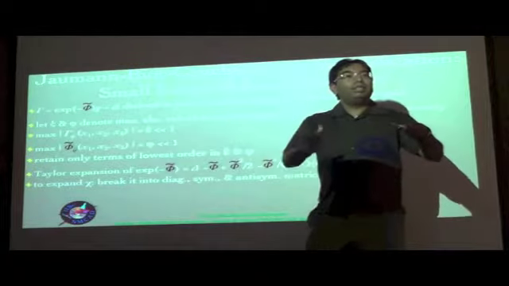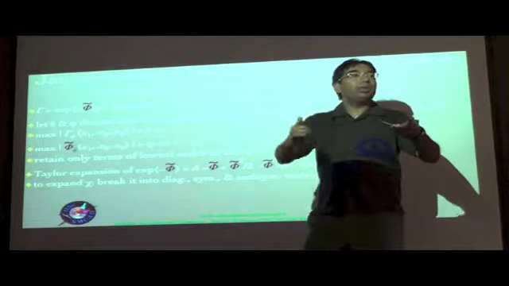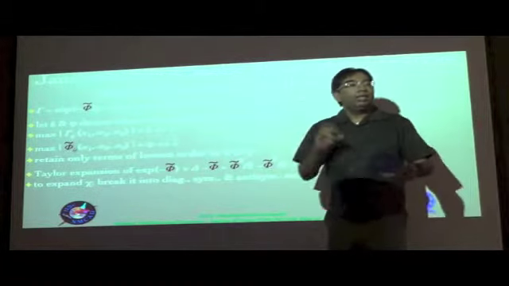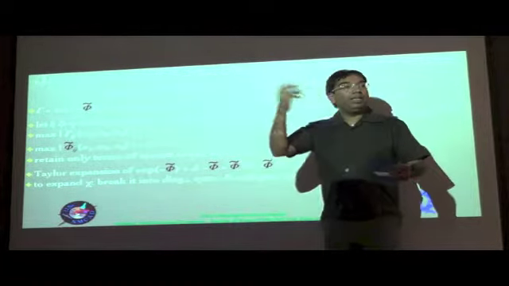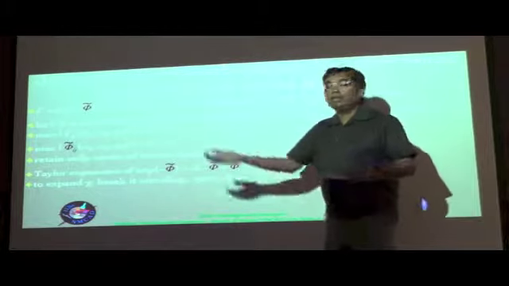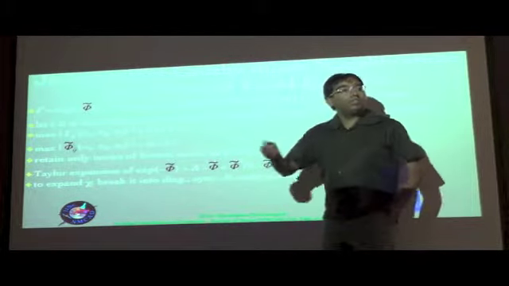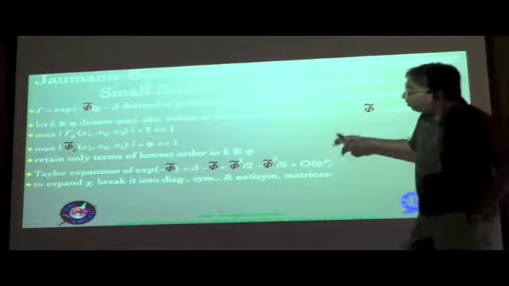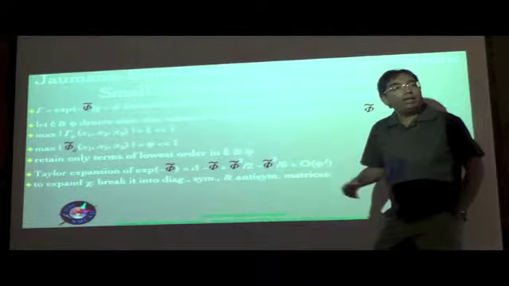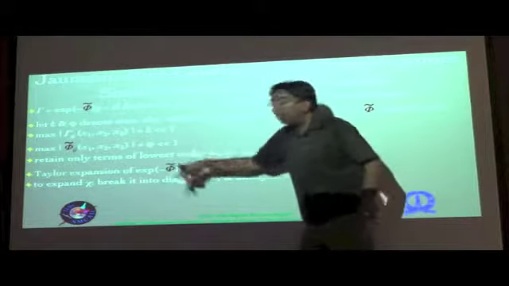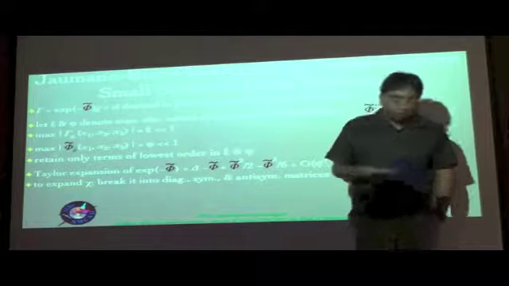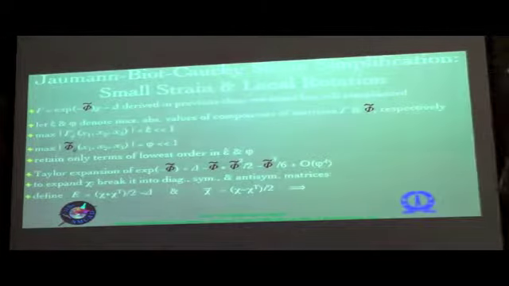Basically, the big G subscript i should be the same as the small g subscript i, which means that the deformation gradient tensor should be nothing but the identity dyadic, or in other words, in a matrix notation, it would be just the identity matrix. So instead of breaking it up into just a symmetric and antisymmetric part, we'll break it up into 3. One is the diagonal part, which is the identity matrix itself, and then the other 2 over here. So that's what we would do.